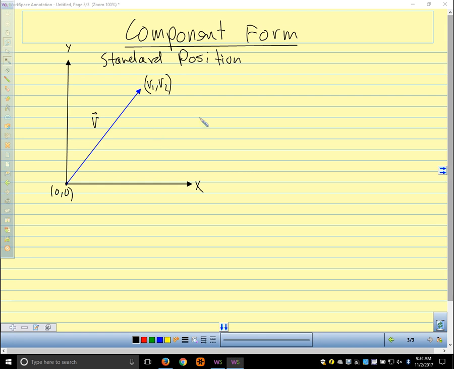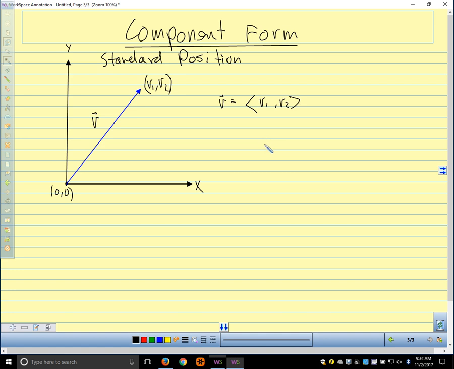And in this case, we can say that the vector v, we use angle brackets, and we just use the coordinates v1, v2 to describe the vector. And what this is telling us is we go v1 units in the x direction and v2 units in the y direction to get from the initial point to the terminal point.